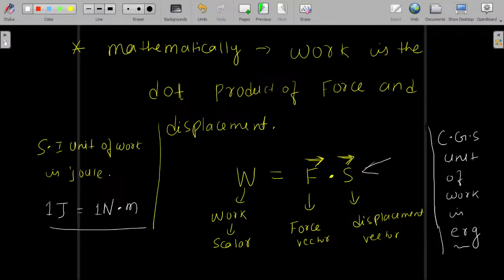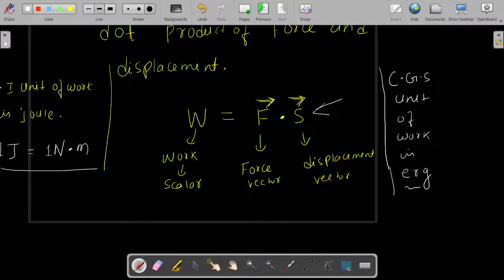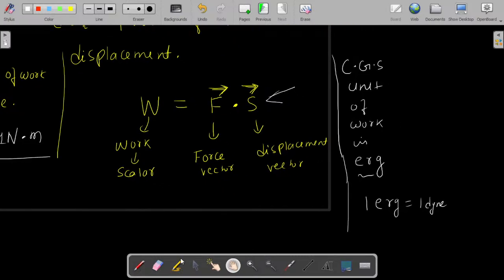Write down 1 dyne centimeter. 1 ERG is equal to 1 dyne into centimeter. Dyne is the CGS unit of force and centimeter is the CGS unit of displacement.